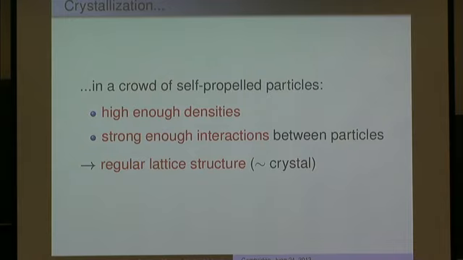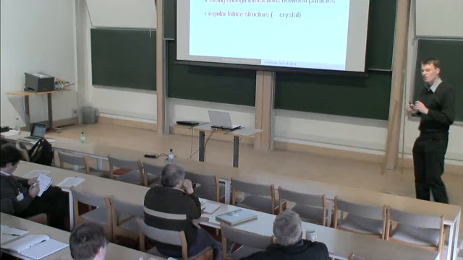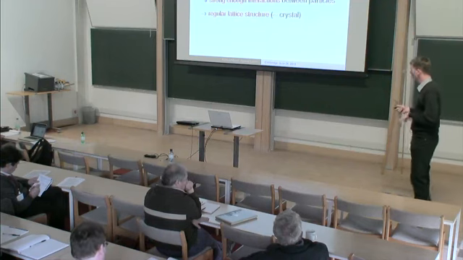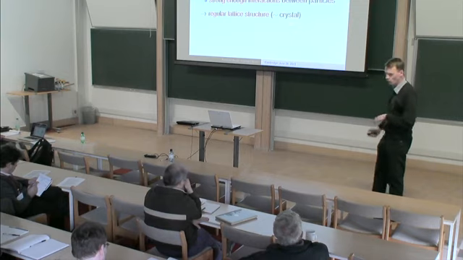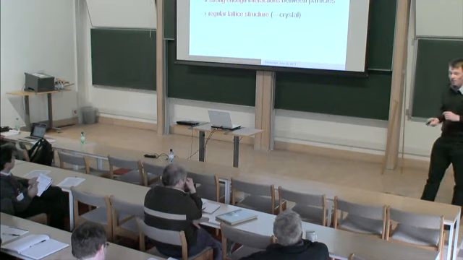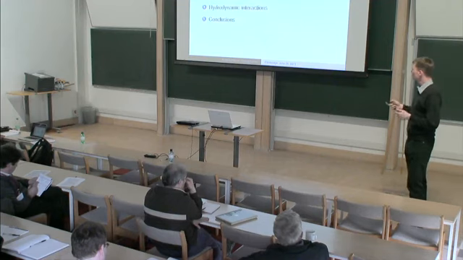When you go to high enough densities, they will have to arrange on hexagonal structures if they have these steric interactions. And if they, in addition, attract each other, then they will certainly form these active crystals, or stack on a regular lattice that for our purpose we call the crystal. And these are the structures that we're interested in.